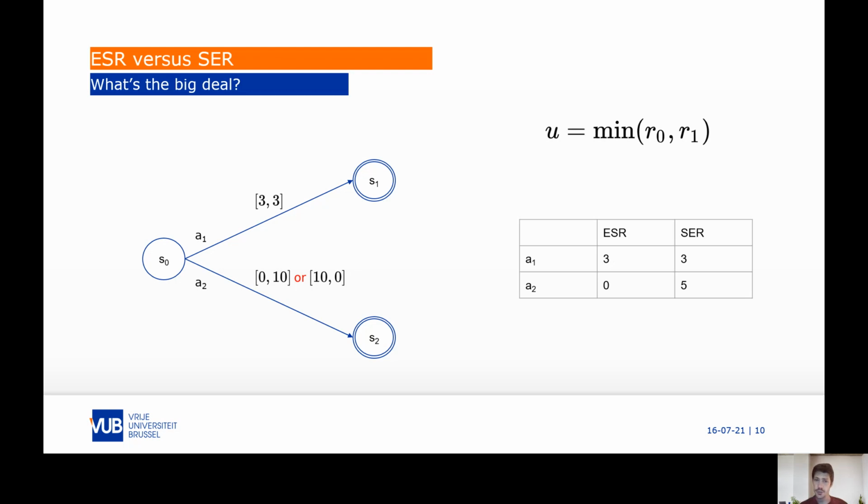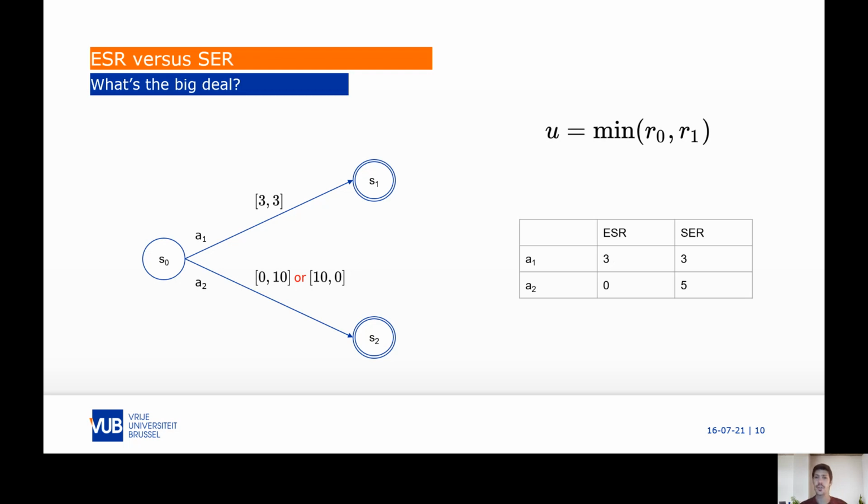Now, if we take A2, we either have 0-10, which means we have a utility of 0, or we have 10-0, which means we also have a utility of 0. So A2 will always result in a utility of 0. So under ESR, the optimal action to take is action A1. It has the highest utility.